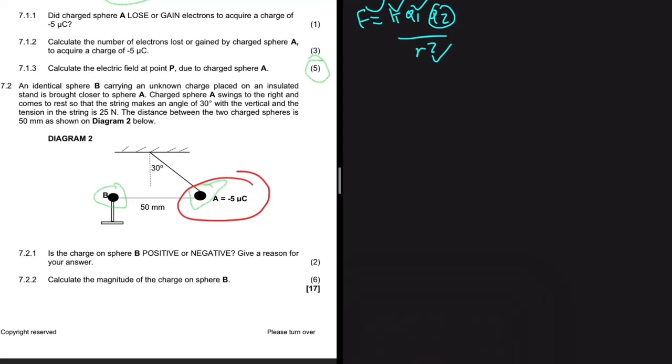If sphere A is at rest, then FB on A should be equal to the tension force, because the electrostatic force of B on A is moving A to the right, and the tension is holding A from moving to the right, and then A is at rest. So these two forces are balanced, right?